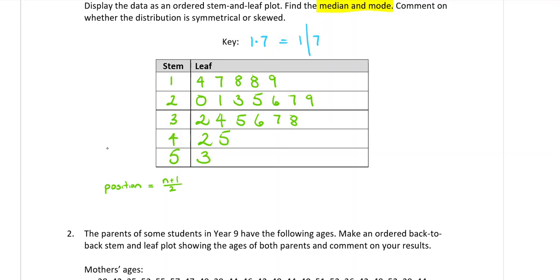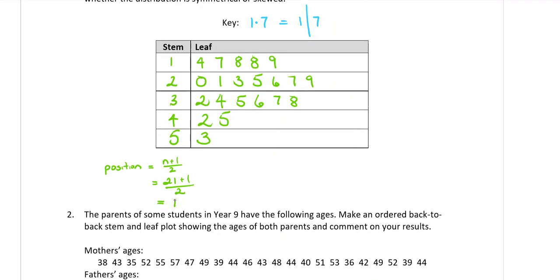Did you guys get 21? So we go 21 plus 1 over 2. What does that equal? Which is 11. Now, 11 is not the median, it's the position, which is why I call it position. I have to now count through and find the 11th number.